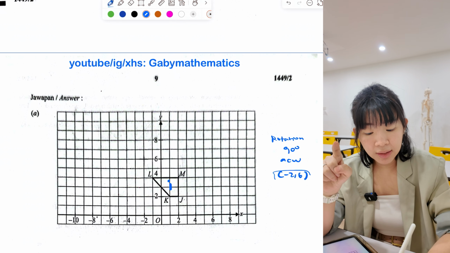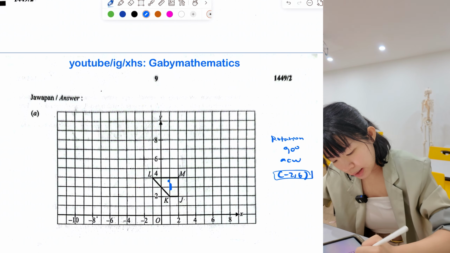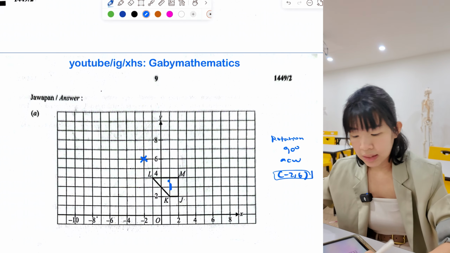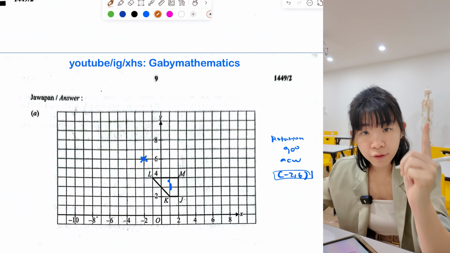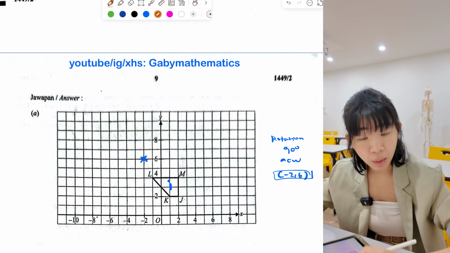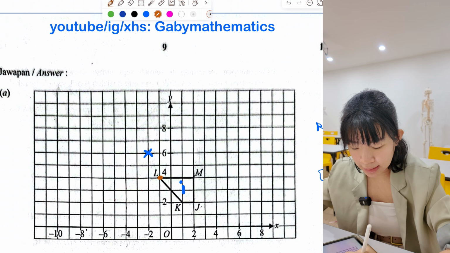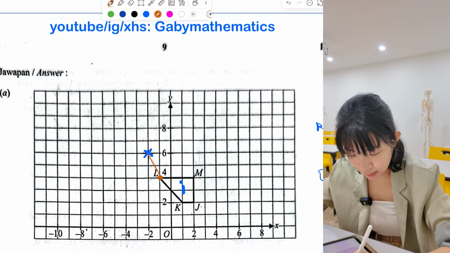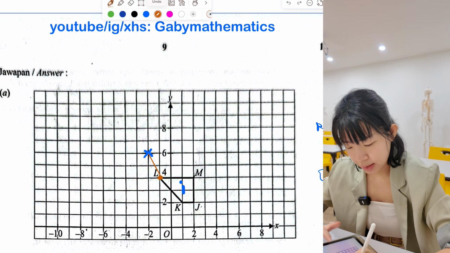So the center is -2, 6. Let's plot -2, 6. Here, so this is the center. Now choose one point from the image. Let's say L. Now this L, join to the center. You draw one line.